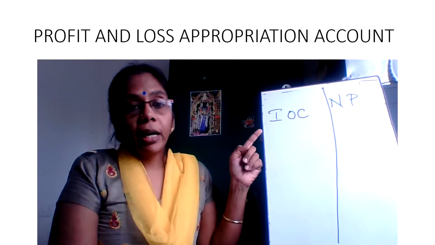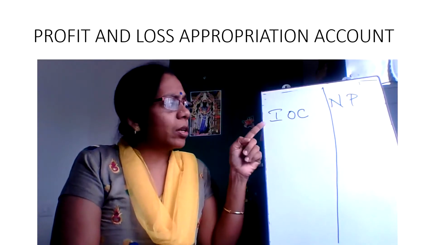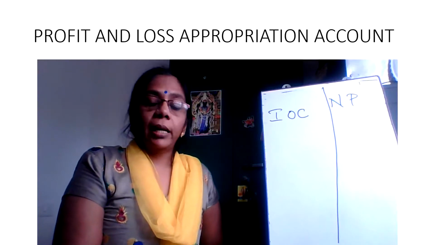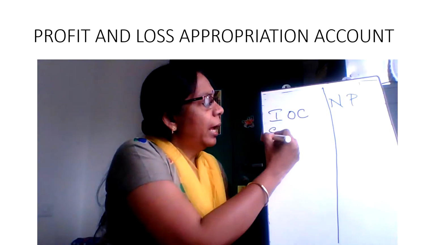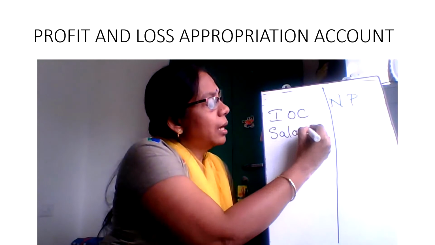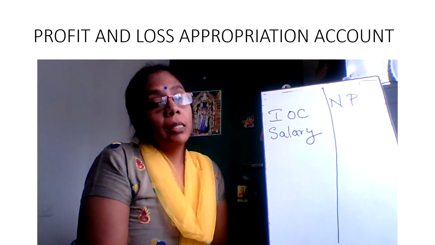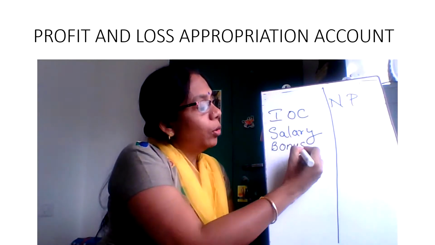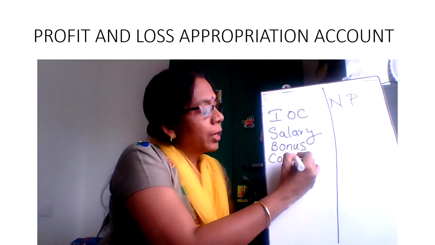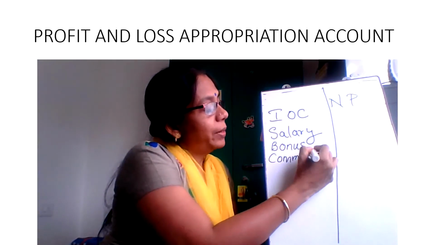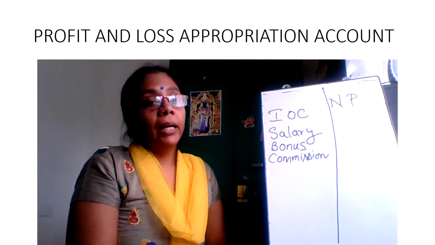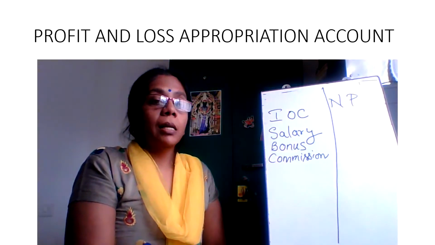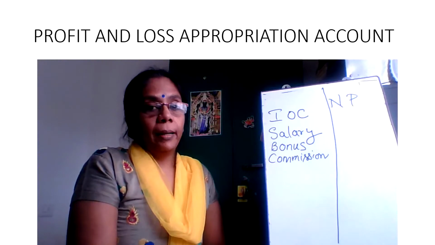That is the reason why we take interest on capital on the debit side. Similarly, any kind of payments that are made to the partners by the partnership firm, could it be salary, bonus, commission? All these expenses which are paid by the firm to the partners need to be debited.